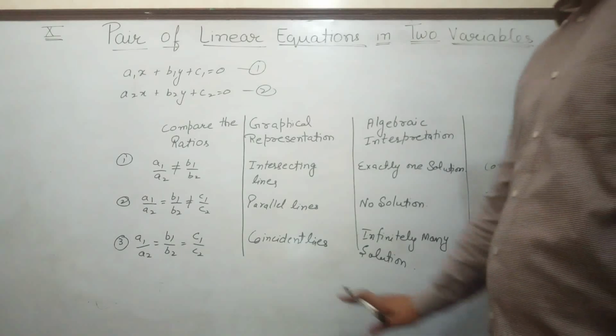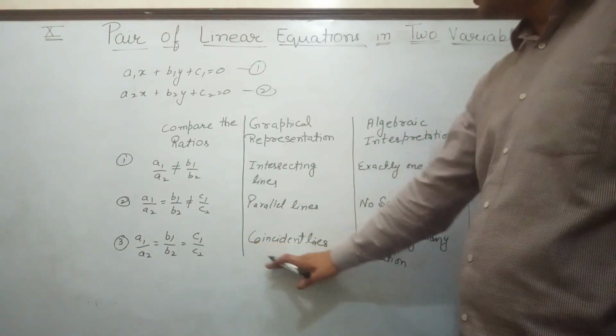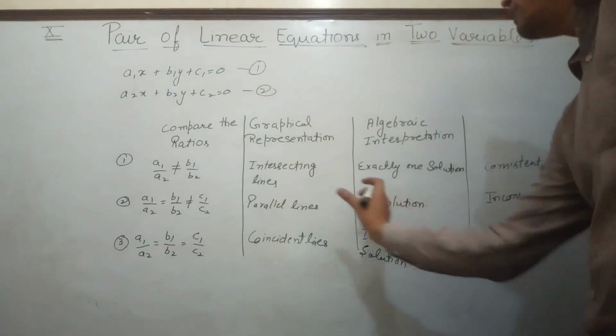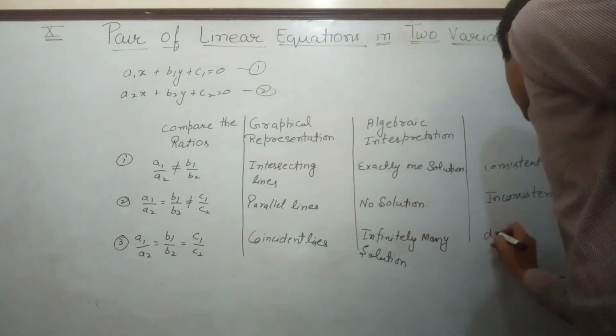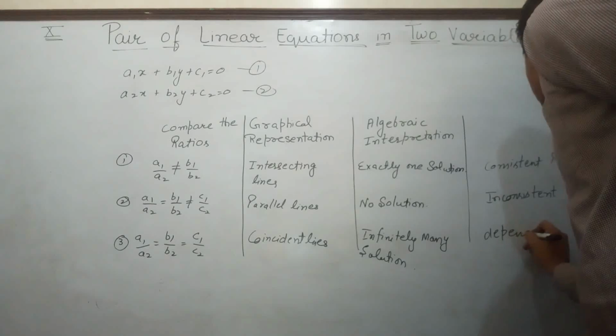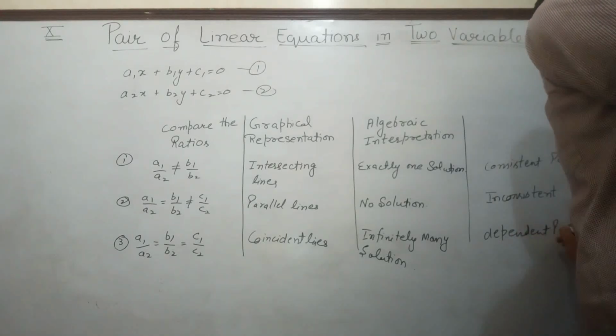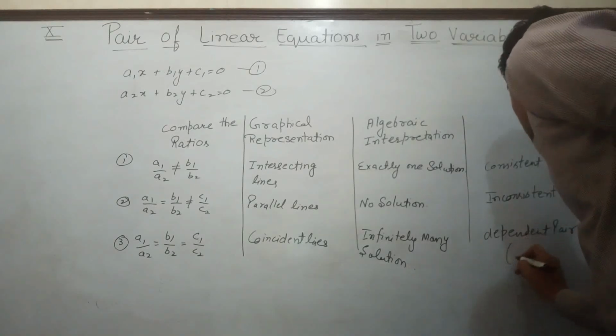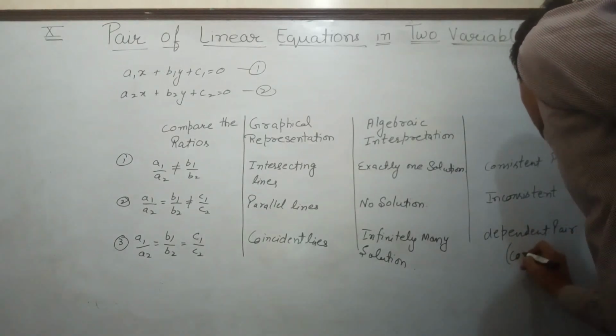And if both lines are coincident, we have infinitely many solutions. These are dependent pair. We should remember, dependent pair is always consistent.